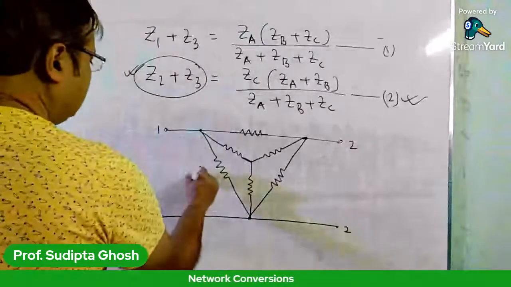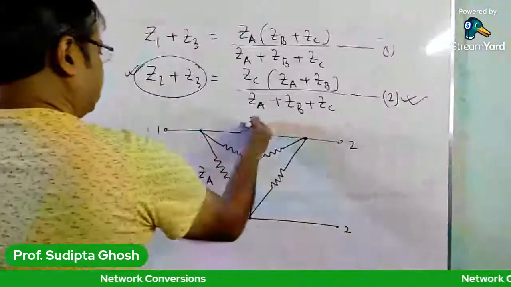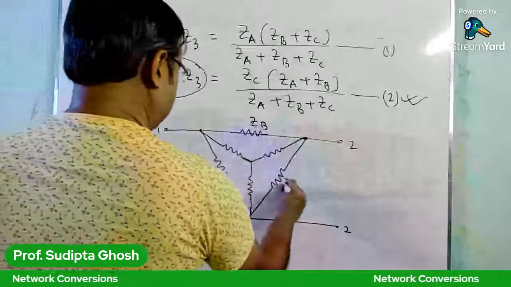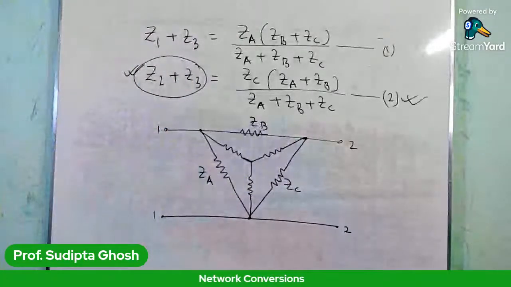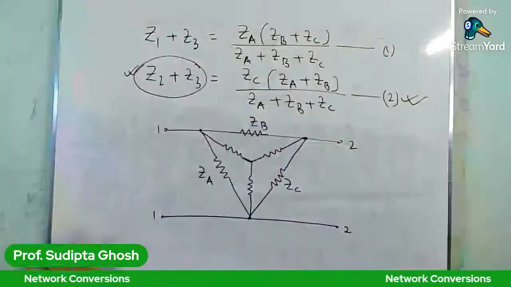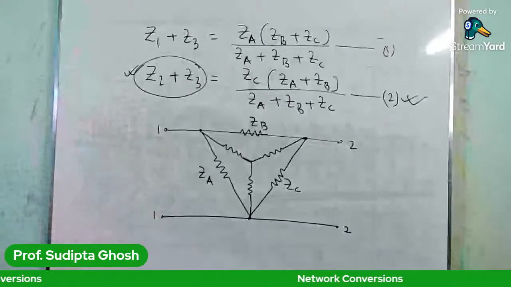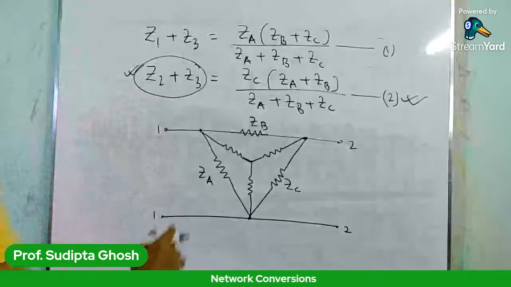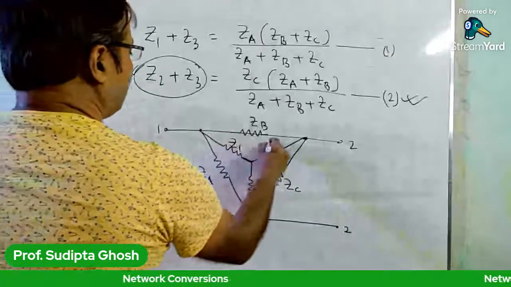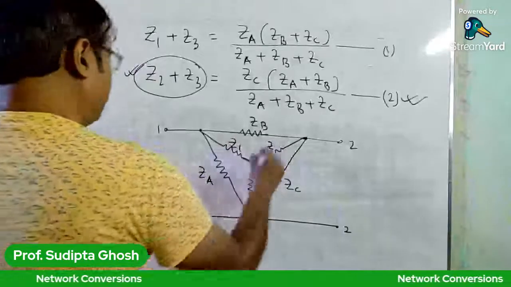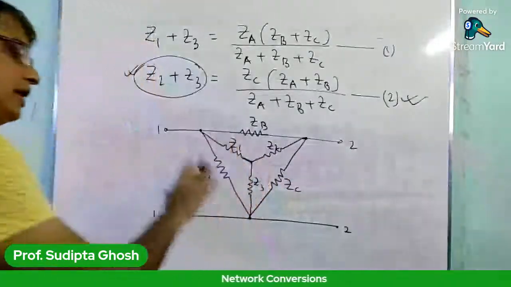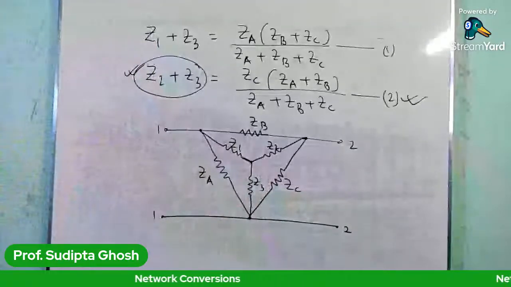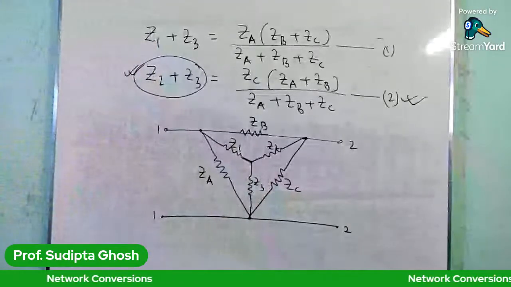Let the impedances be ZA, ZB, ZC. As in the pi section of the figure, we have used in this order ZA, ZB, and ZC. So the order is maintained here, as well as the impedances for a T section, that is Z1, Z2, and Z3. Here also the order is maintained if you consider the T section of our figure.